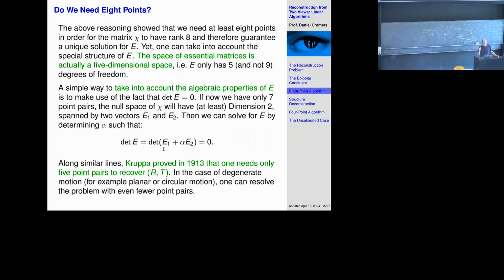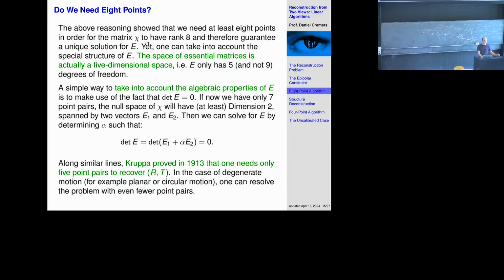And I'll give you a bit of a hint in which way you can reduce the number of points. So we showed that if you have at least 8 points, then you have a rank 8 matrix chi, unless you have a degenerate setting. And then you can compute a solution for translation and rotation. So far, so good.